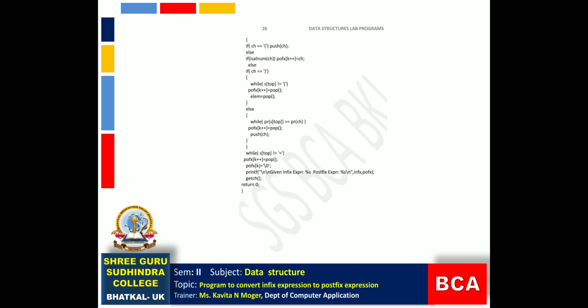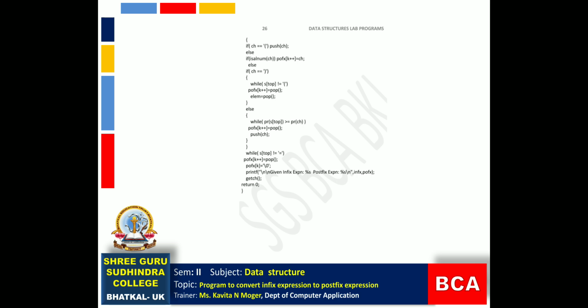Else if ch is equal to close bracket, while s[top] is not equal to open bracket, postfix[k++] = pop, which means the element will be removed and popped. That is, whenever an open bracket is found, it can sit on anything. Whenever a closed bracket is found, we pop from the stack until we find an open bracket, and every operator in the middle will be removed.